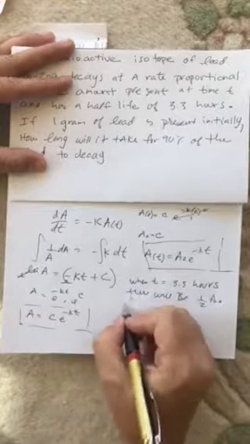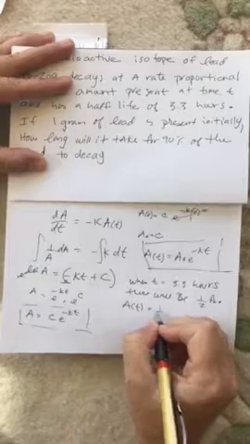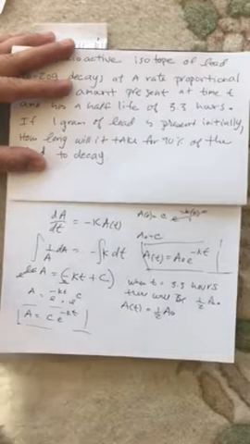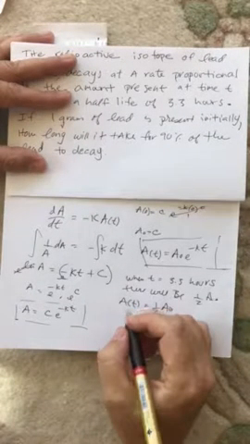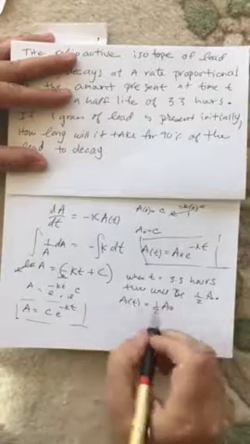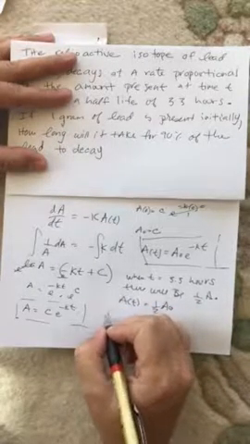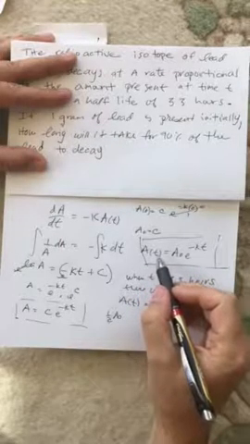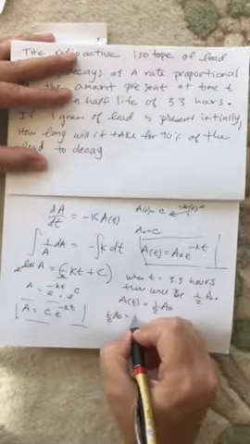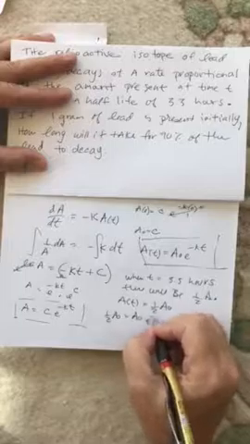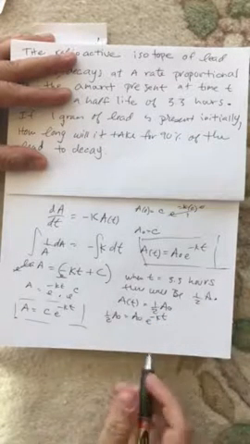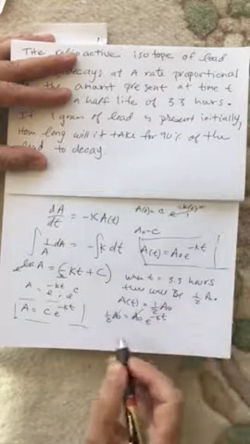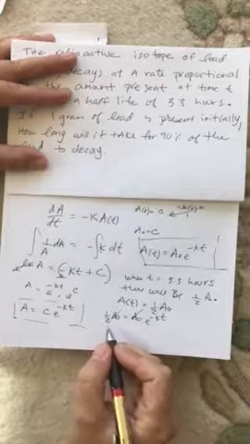So A(t) will equal 1/2 A0. So let's put that in. A(t) equals A0 e to the negative kt. These A0's go away, you divide out the A0, we have 1/2.